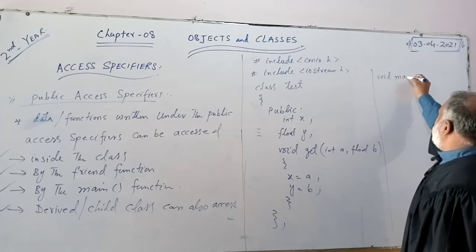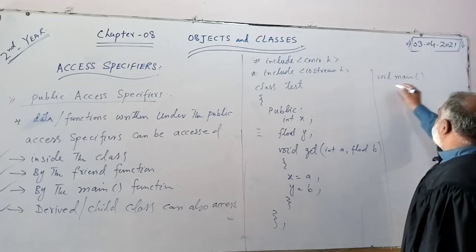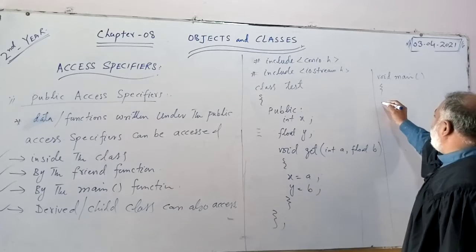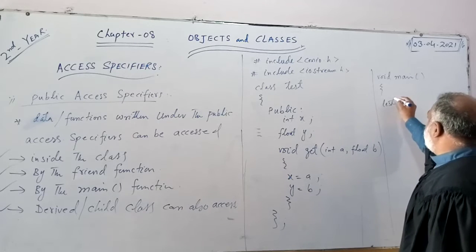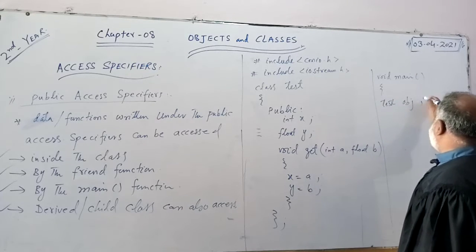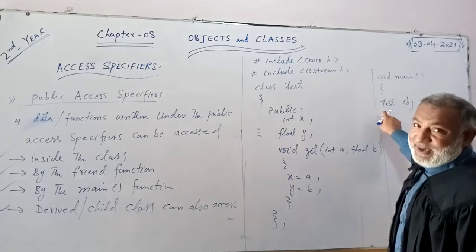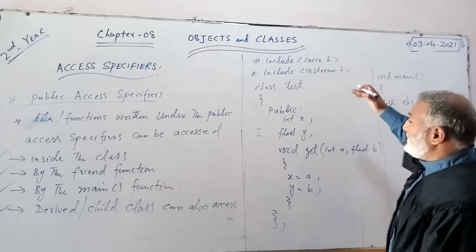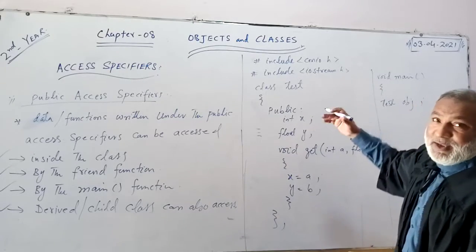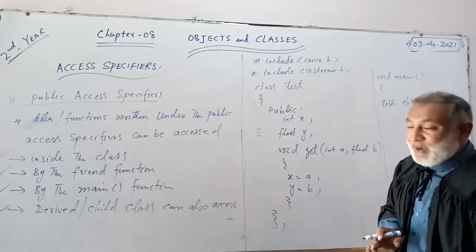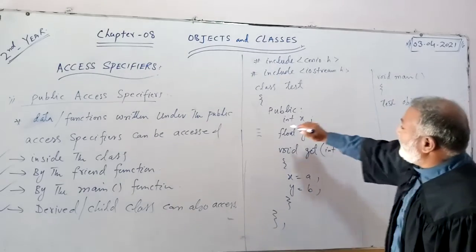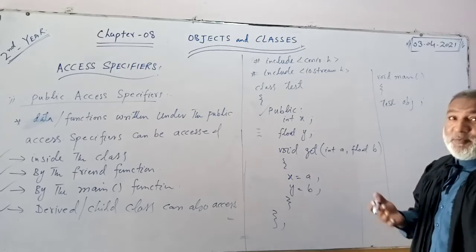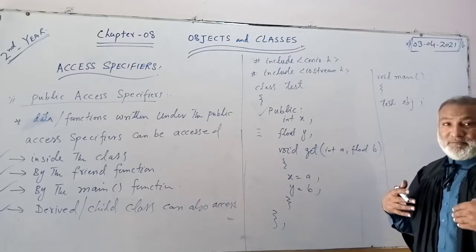Void main. Now if I write test obj, what is this obj? It is an object for the class test. As we discussed, an object basically takes a complete copy of the class to the memory. Now inside this memory we have only public area. Everything is public. If everything is public, it means we can access them inside the main function.